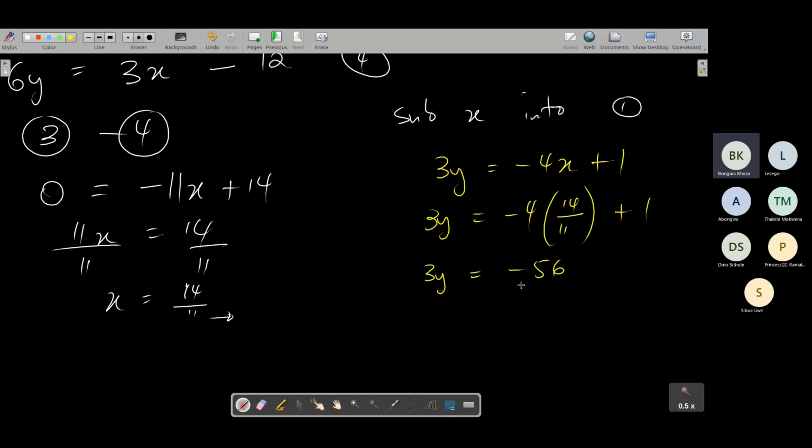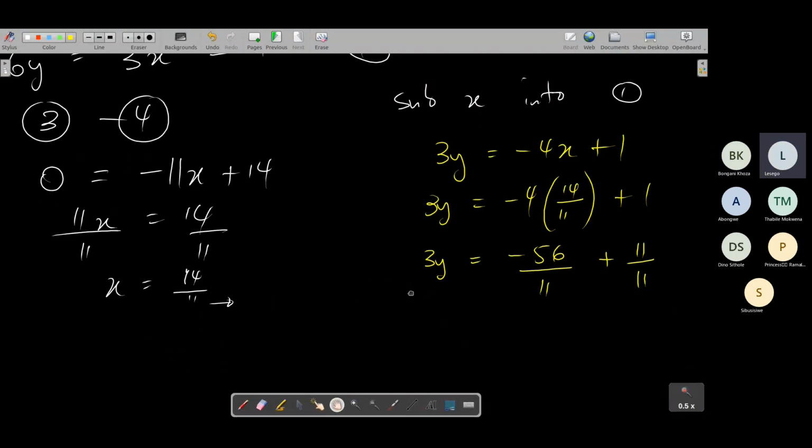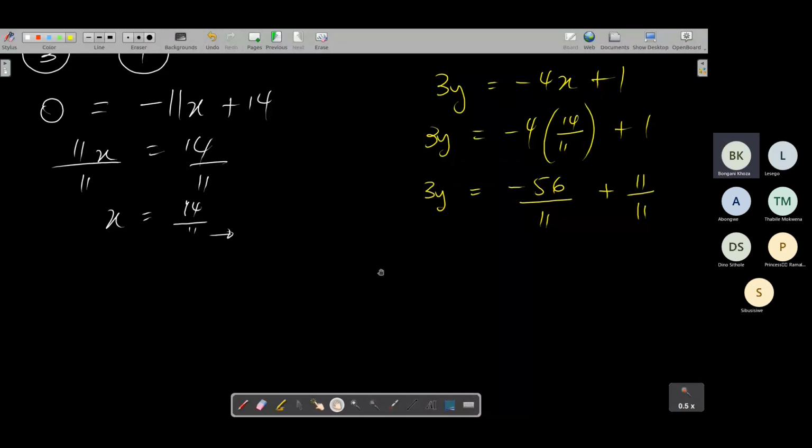So it will be minus 56 over 11 here. Plus 1 is just 11 over 11 like that. And that's still fine. Why is 11 over 11 still 1?